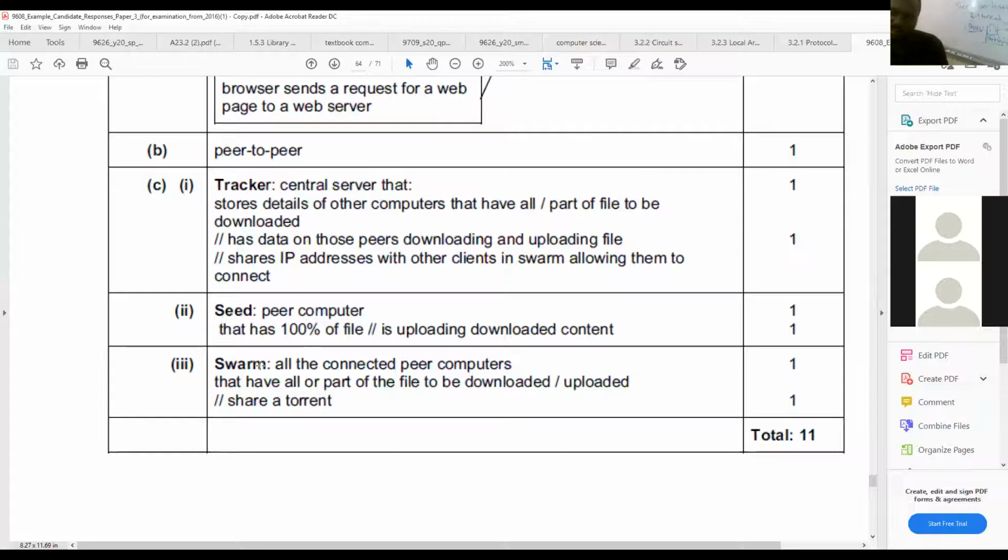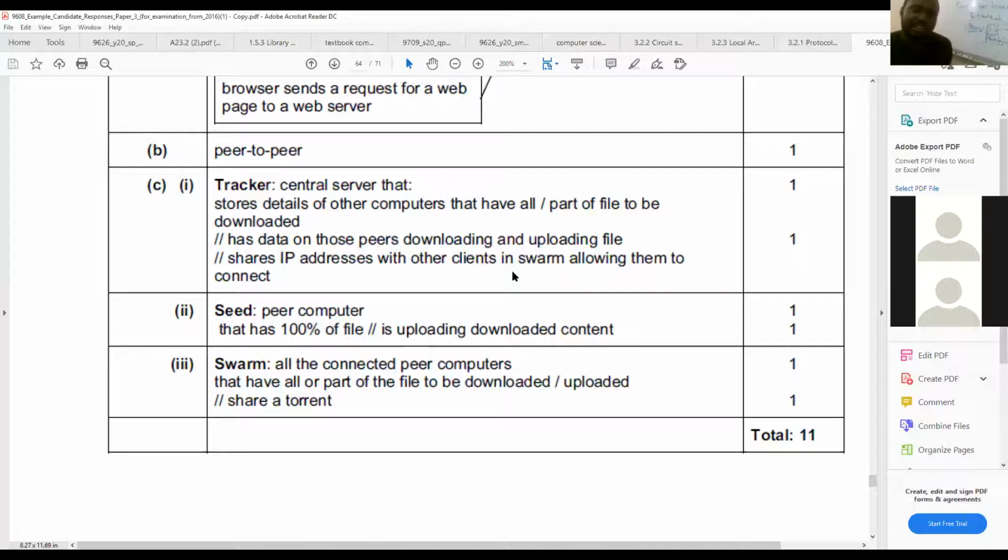All of them together form what we call a swarm. Then each of the computers is referred to as a peer. So a swarm is a collection of all the connected peer computers that are participating in BitTorrent operations or downloads. I'm done with that. Good.